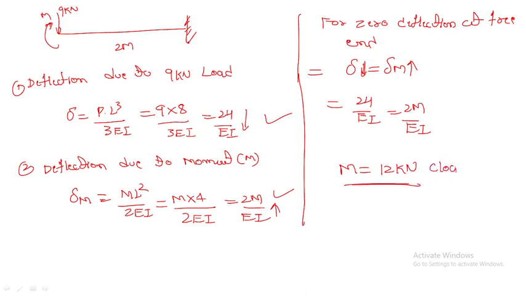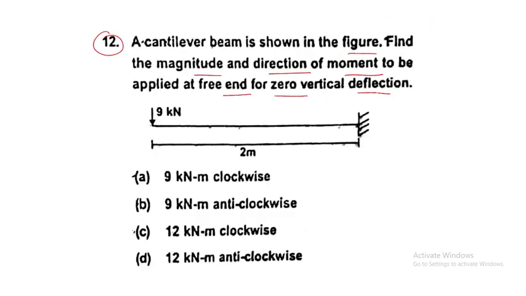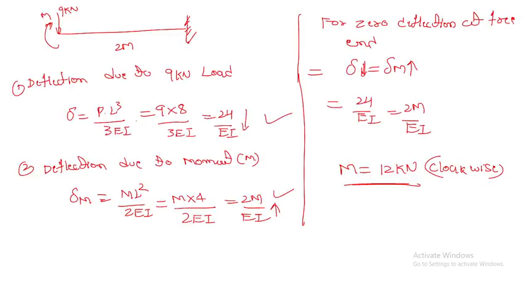It is clockwise, because we got the value in positive. So 12 kilonewton-meter applied at the free end.